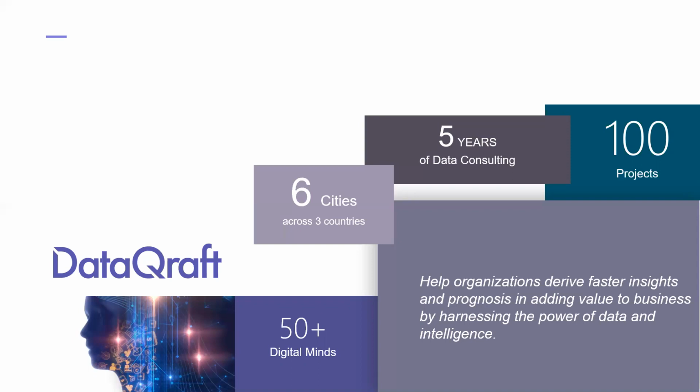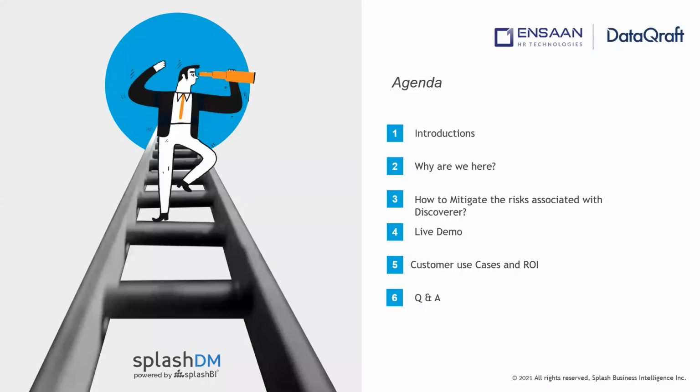Now, without further ado, I will turn the time over to Graham and Rishabh. Over to you guys. Thank you very much. So this is our agenda for this morning. We've done the introductions. We'll do a brief piece in a minute on why we're here. Then we'll talk about how we can help you mitigate the risks associated with Discoverer. And believe me, there are a lot of risks.